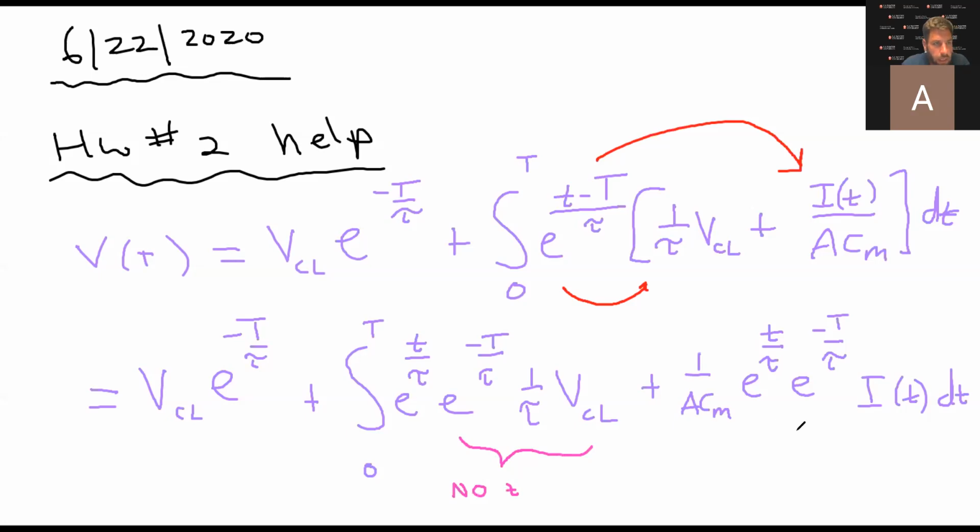And over here, if I do the same thing, this guy and this guy, there's no t. So when I go to integrate, the best thing to do is pull them out of the integral so things aren't so cumbersome looking.